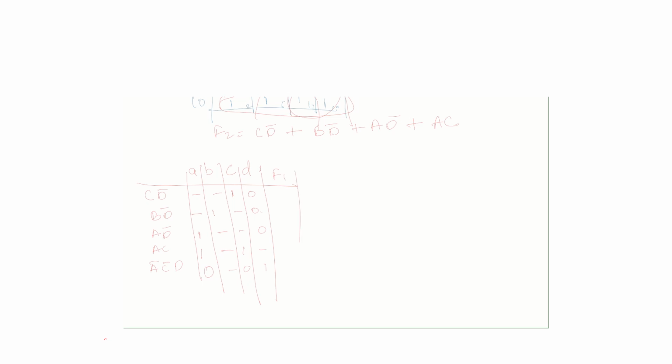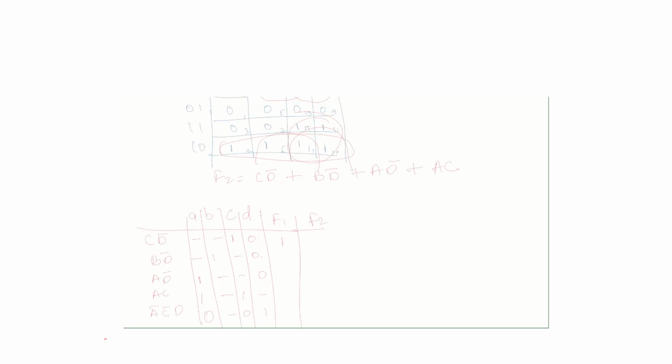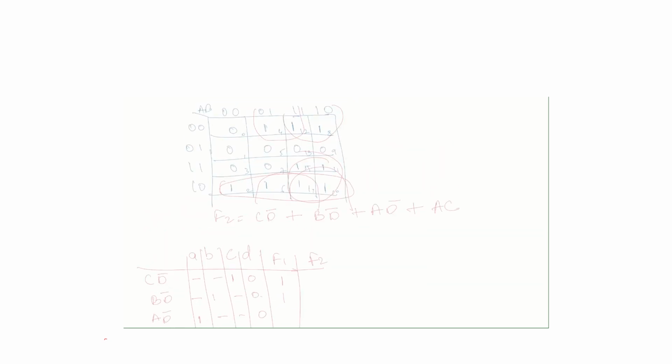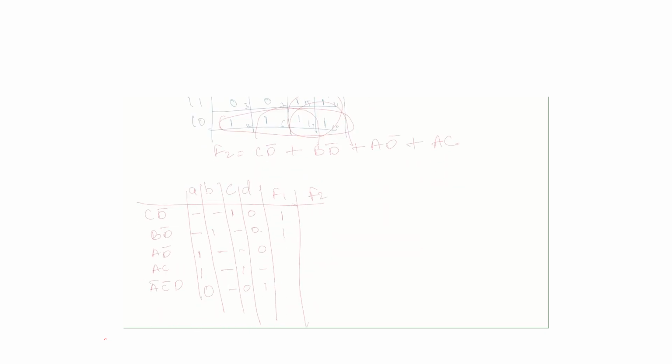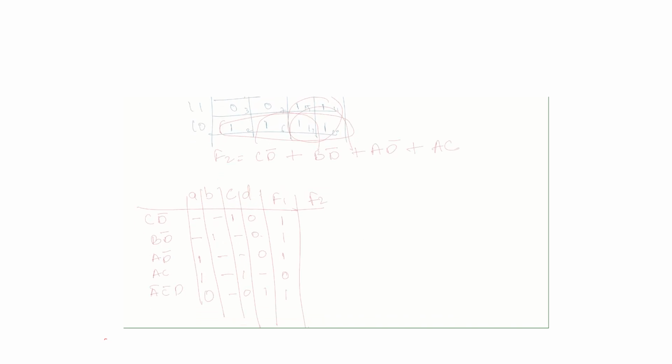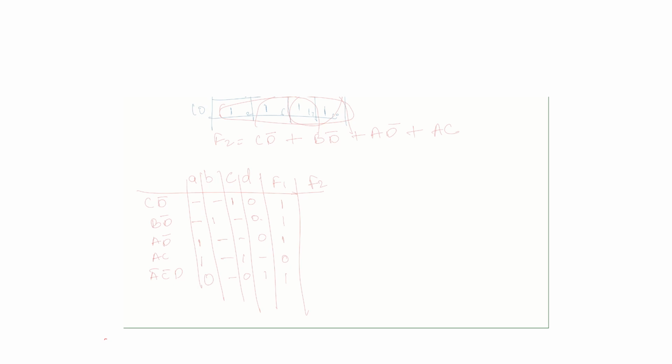F1 has CD bar, BD bar, AD bar and A bar C bar D. So just write once whichever terms are included in the expression. CD bar is included, BD bar is included, AD bar, AC is included, and now you can complete this table. Now let's draw the diagram.